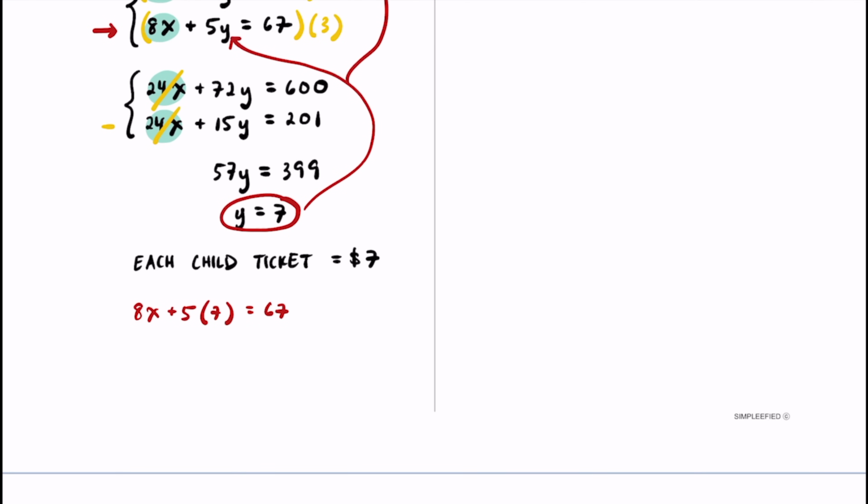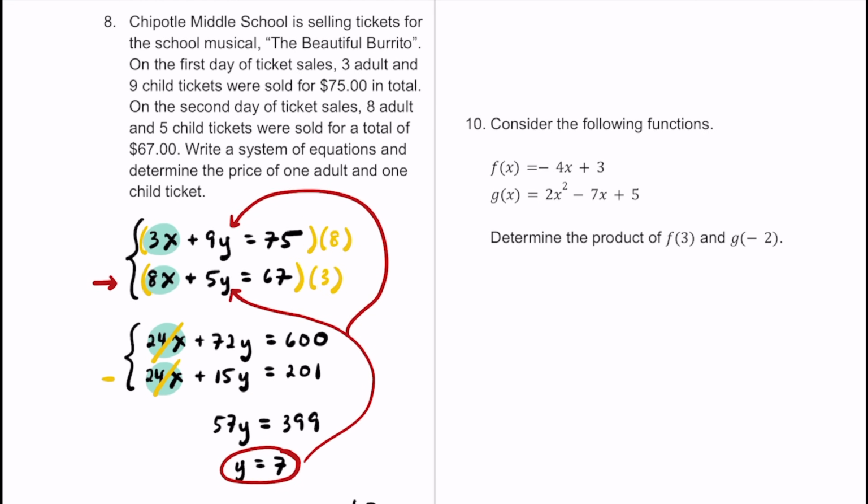Okay, so 5 times 7 is 35, so it's going to be 8x plus 35 is equal to 67. Subtract 35 from both sides, 8x is going to be equal to 32, and dividing both sides by 8, x is going to equal 4. So based on x equaling 4, we can go ahead and say that each adult ticket would be $4. Alrighty, so that is number 8.